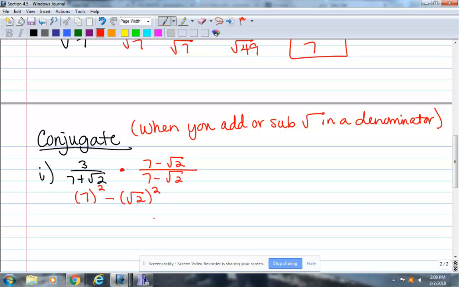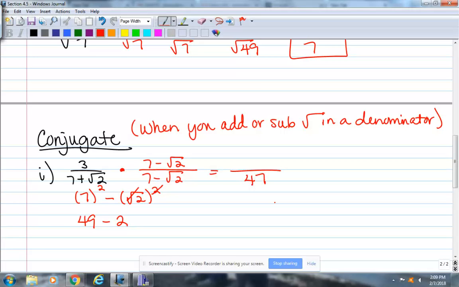Okay? What is 7 squared, y'all? 49. And y'all, a radical and a square cancel each other out, so that's just minus 2. So the square and the radical cancel each other out, and you're left with the inside. And what is 49 minus 2? And that is my new denominator.